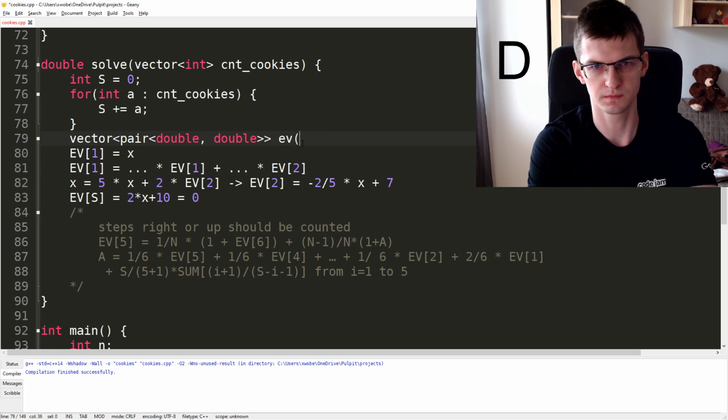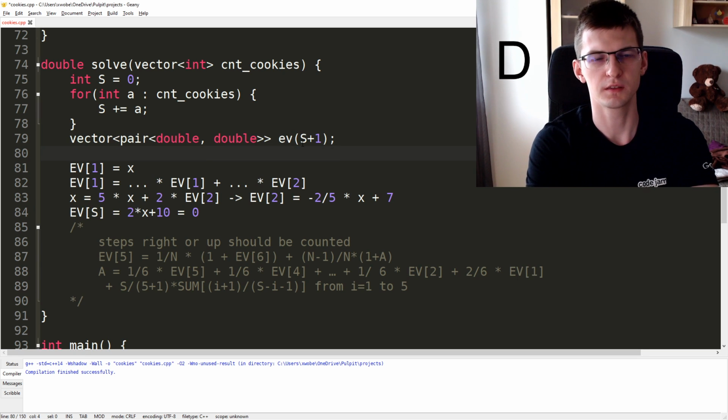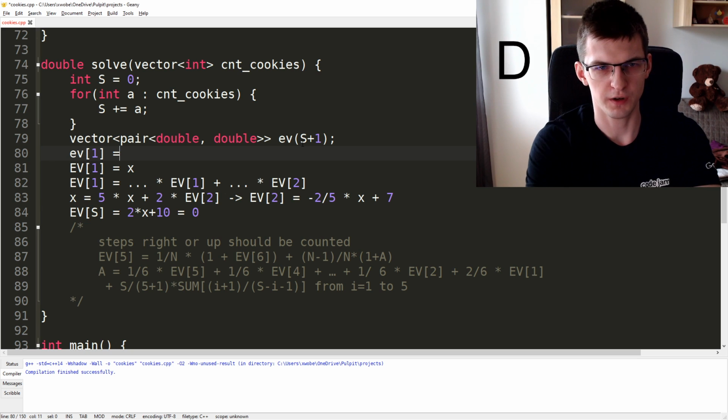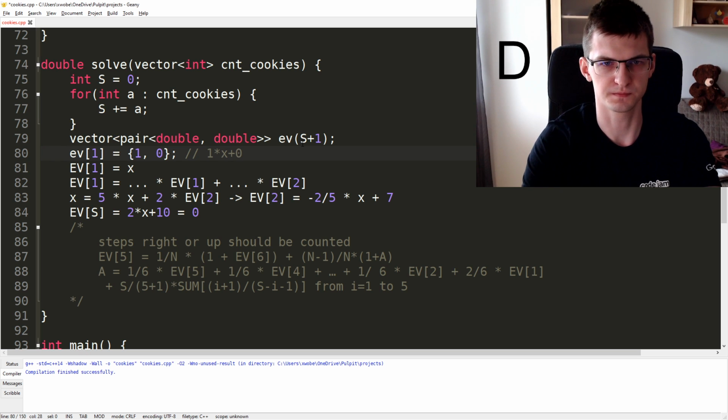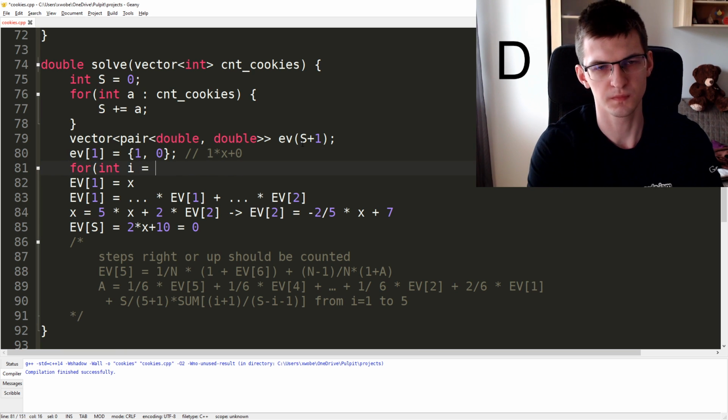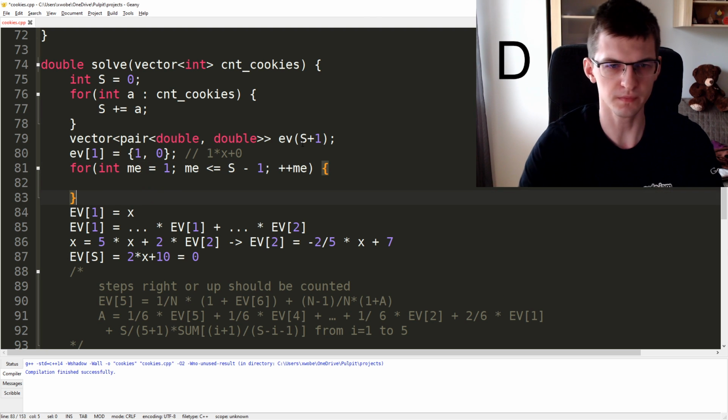I know that EV of 1 is equal 1, 0. This represents 1 times x plus 0. For every I, or let's call it me, my state, from 1 to s minus 1, I use the formula.